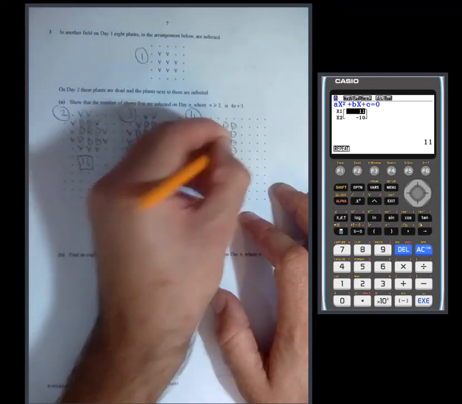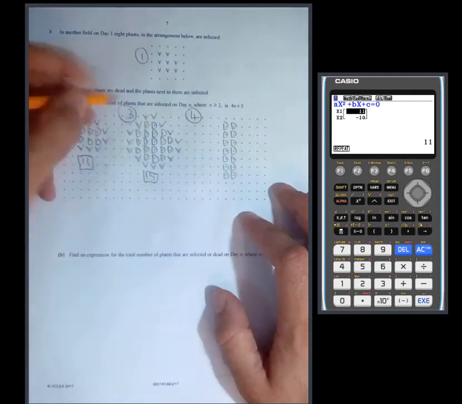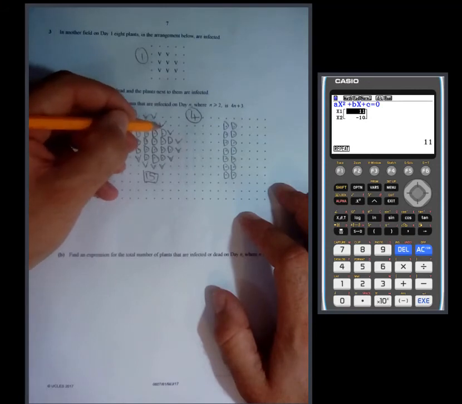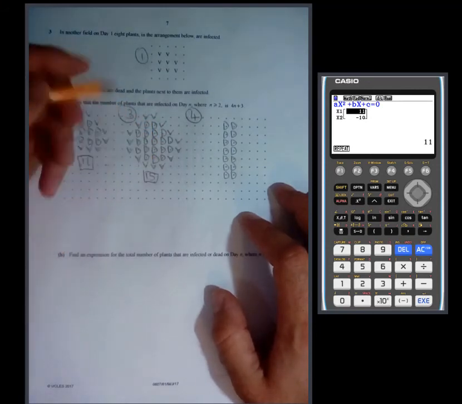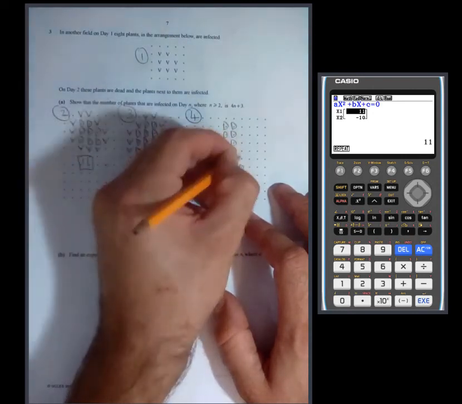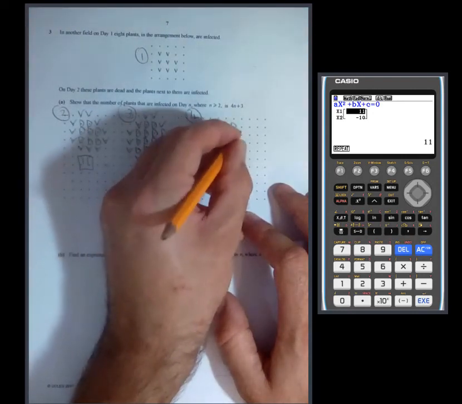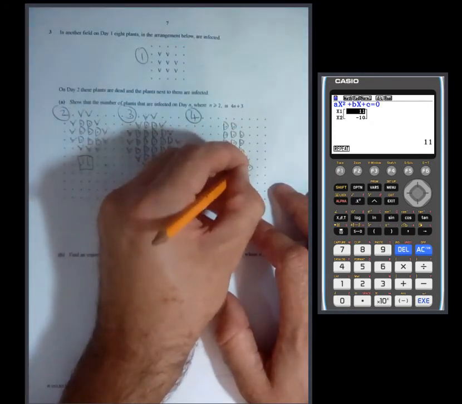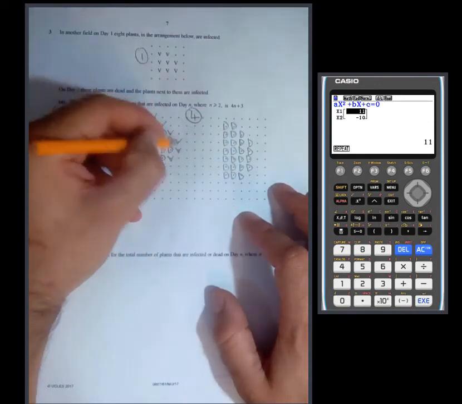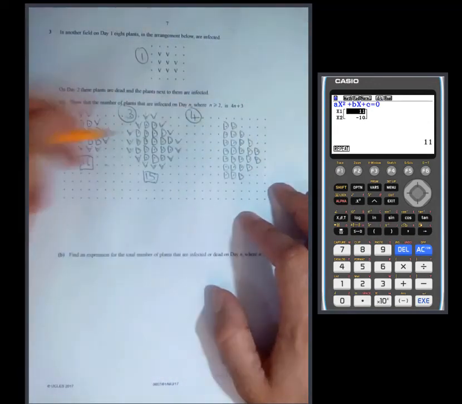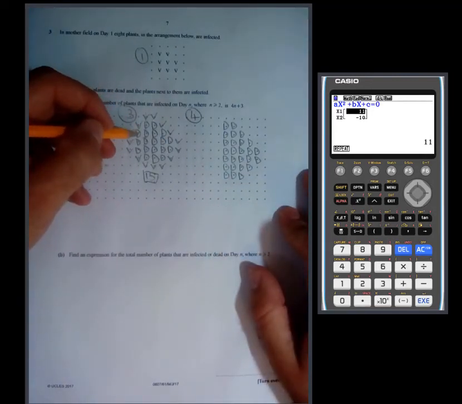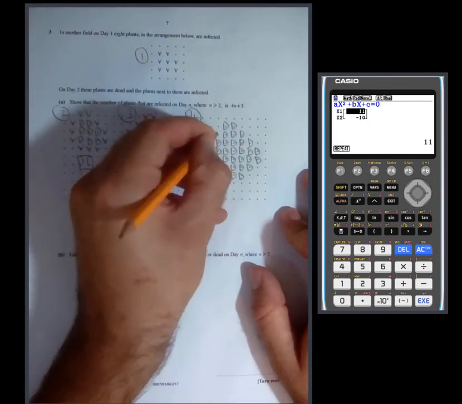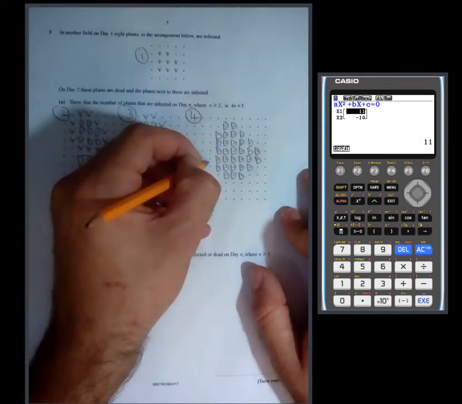Then 6 dead like that, and 6 more. Then 4 must be there, and just 2 here. On the other side, 5 must be here, 5, and 3.